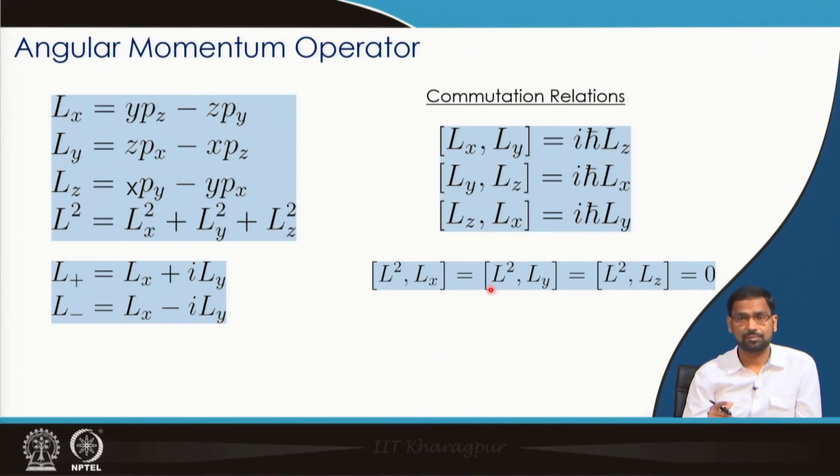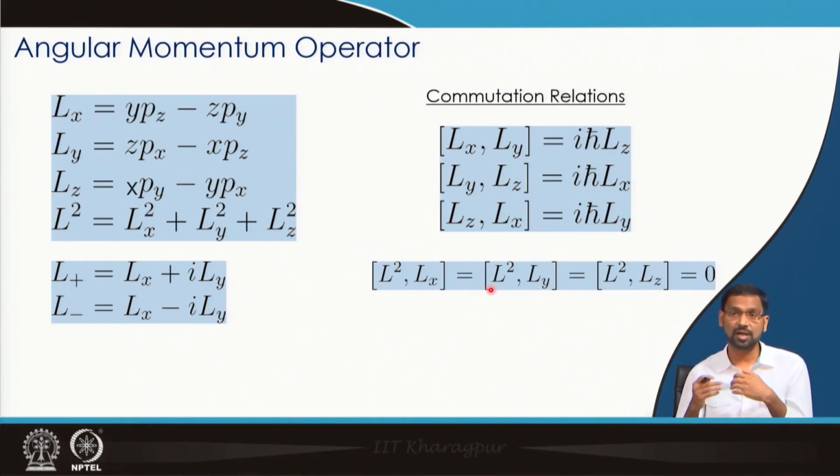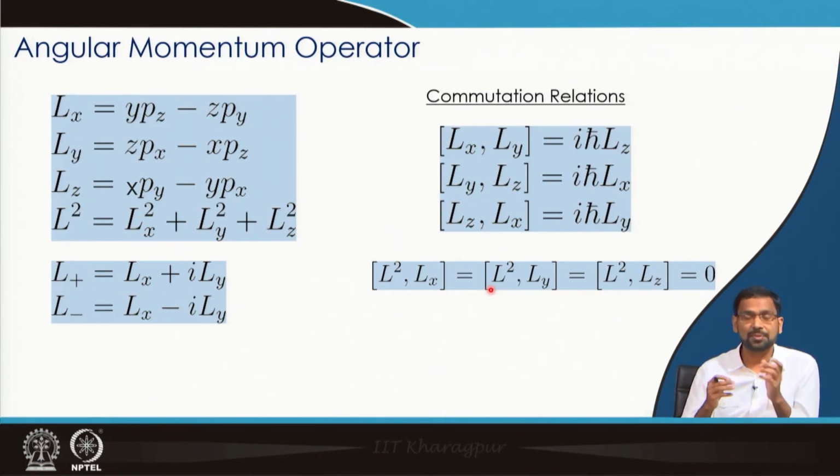Now, we have this interesting situation where Lx, Ly, Lz do not commute with each other, but each of these components commutes with L square. So, if we pick one of these pairs, L square and Lz, which we do just conventionally, but we could also pick L square and Ly, or L square and Lx, it does not matter. If we pick L square and Lz, then we can construct simultaneous eigenfunctions of these two operators.